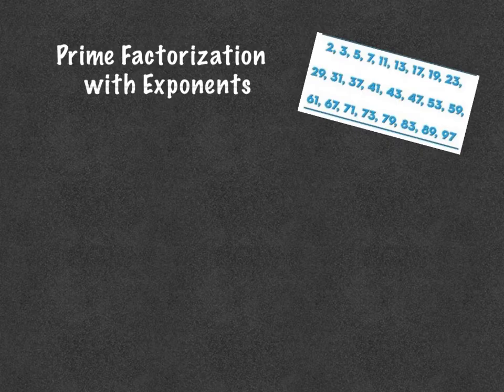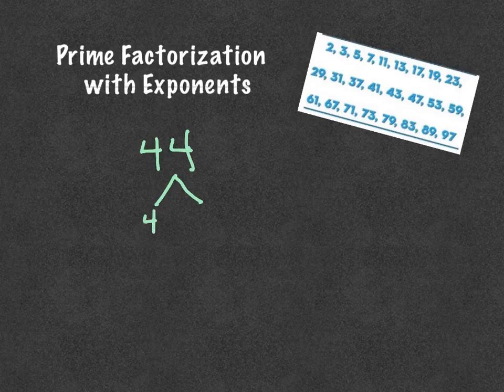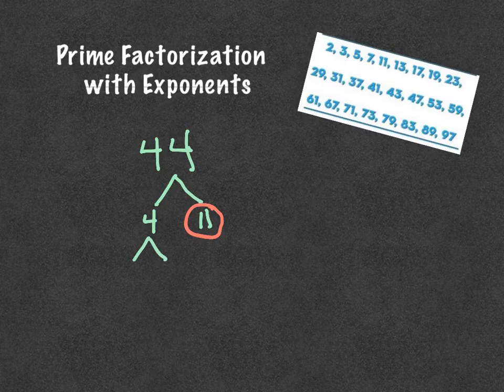How about let's do 44. Okay, so 44, I know that a factor pair of 44 is 4 times 11. So 11 is a prime number. 4 is not, so we're going to have to come up with a factor pair that equals 4. So 2 times 2.